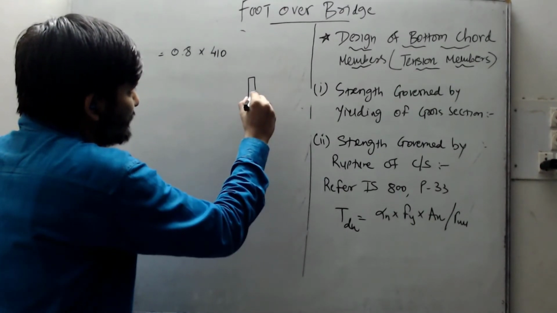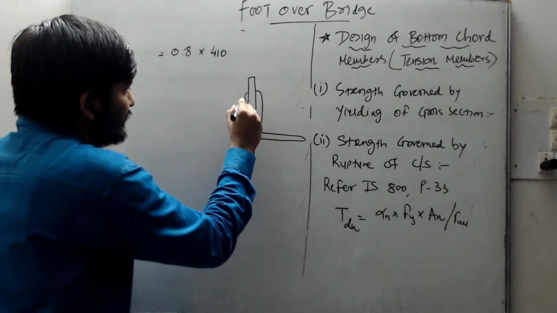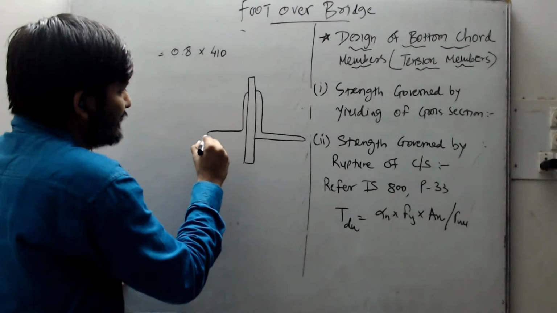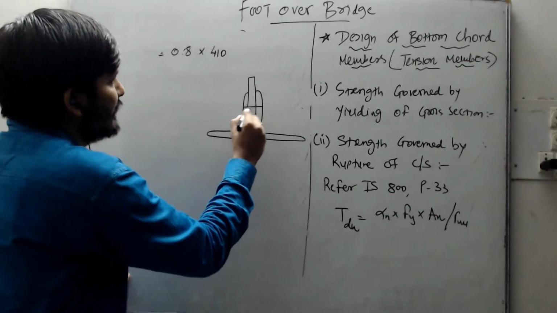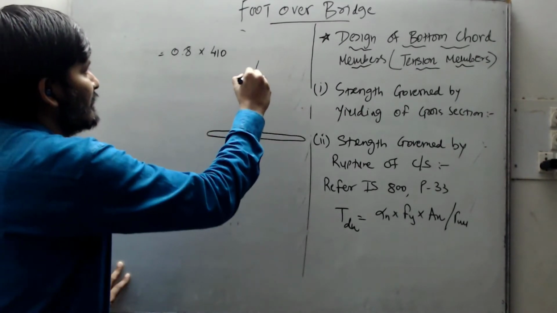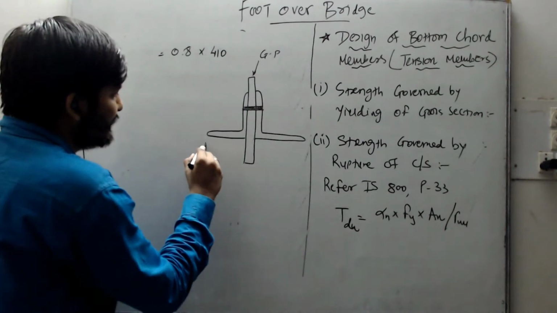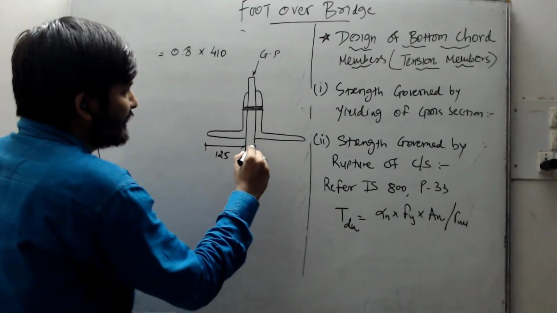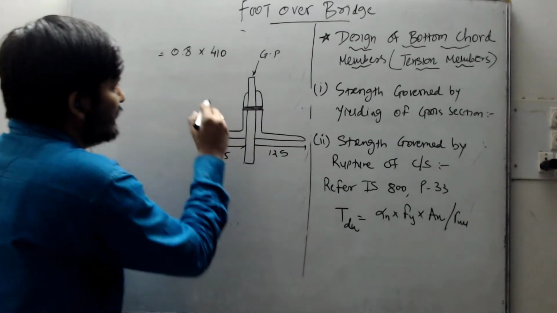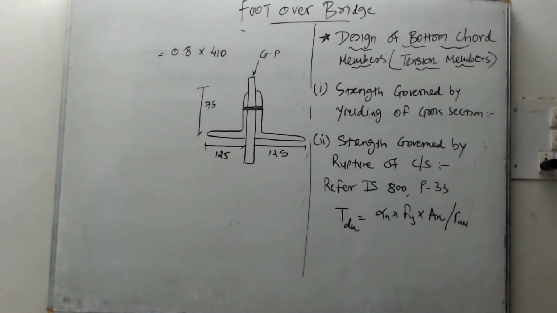So this is a gusset plate, and this is how your two angle sections are connected with the bolt, right? This is 20 mm diameter bolt. So this is a gusset plate and two angles of 125 by 75. The longer leg is horizontal, this one is the longer leg, this is 125, and this height is 75. So this is how it is connected, and the 20 mm diameter bolts are used, thickness is 8 mm.